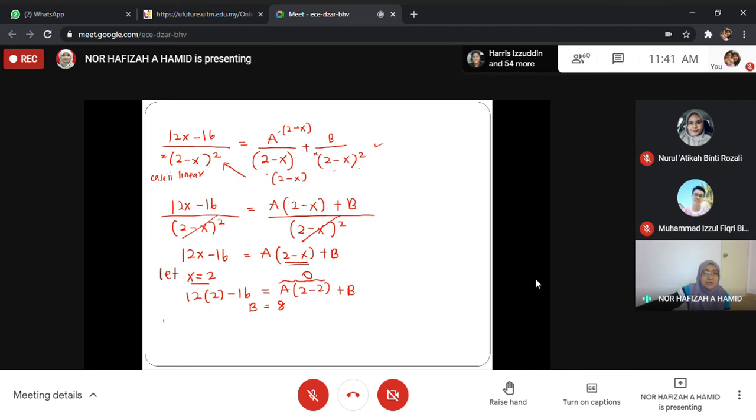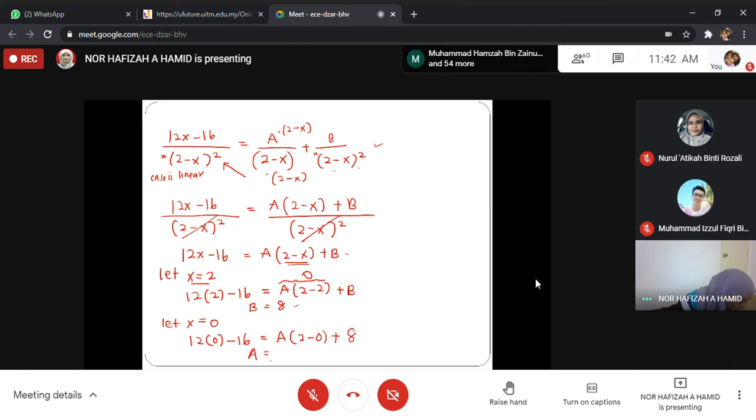Next, I want to assume another value, but there are no more factors. Your factor was only 2 minus x. So for the last one you can assume any number, because we only have two constants, A and B. Once you have one, for the last constant you can assume any number. The easiest example is to assume x equal to 0. So when x equals 0, substitute all x with 0. Then you can calculate the value of A. So 2 minus 0, plus B, and B is 8, so plus 8. So A is equal to negative 12.